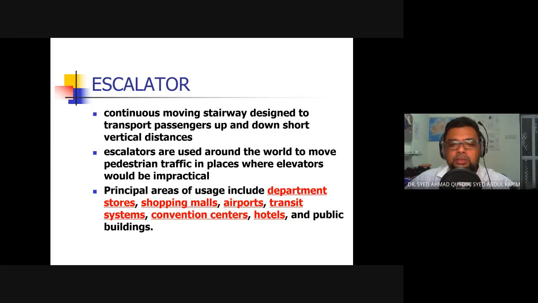They are used around the world to move pedestrian traffic in places where elevators would be impractical. This is because compared to elevators, escalators can handle a lot more pedestrians in any given time.